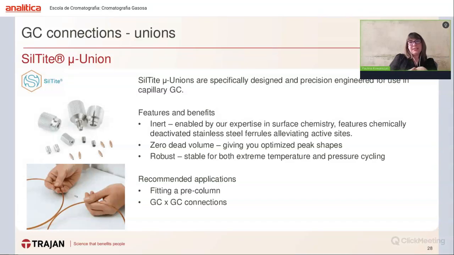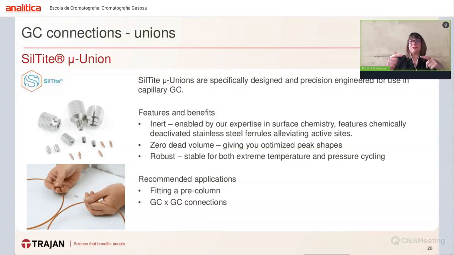So within the siltite range, so siltite technology, we do have also available unions for connecting either any pre-column, so the guard column, or two columns together, where we do multi-dimensional GC. So the siltite microunion is using the double-ended ferrule.